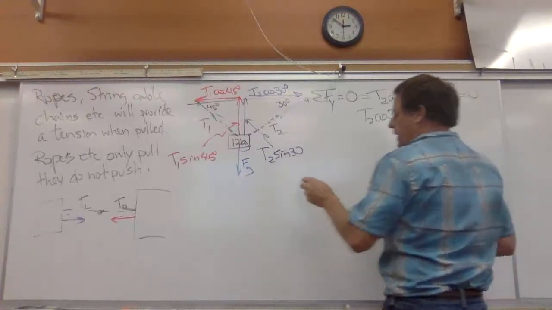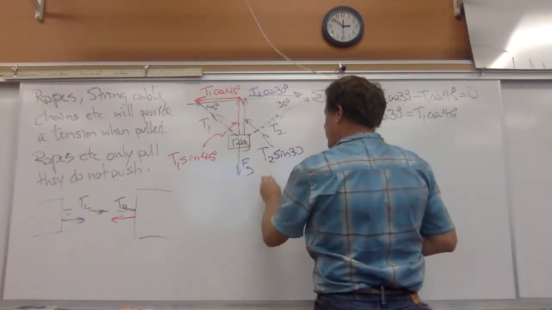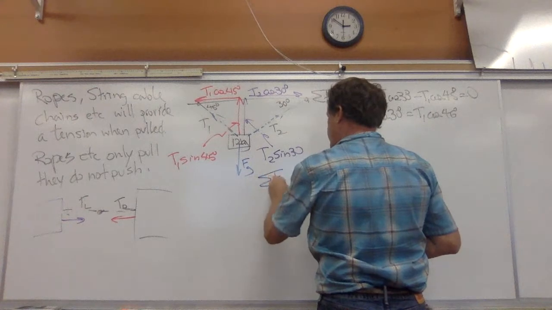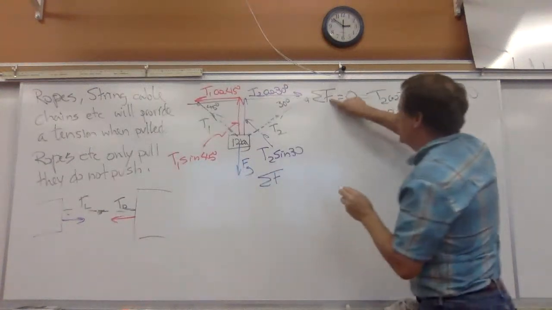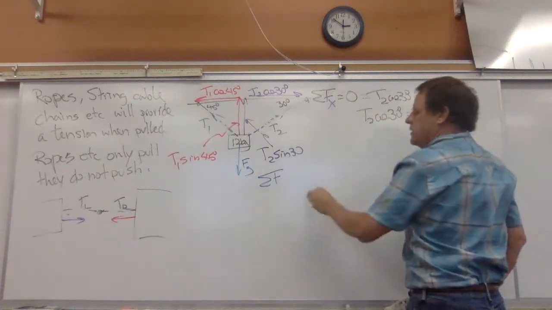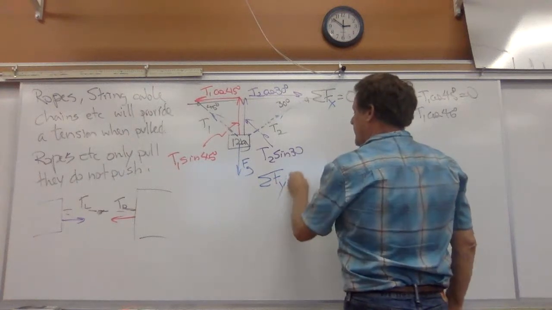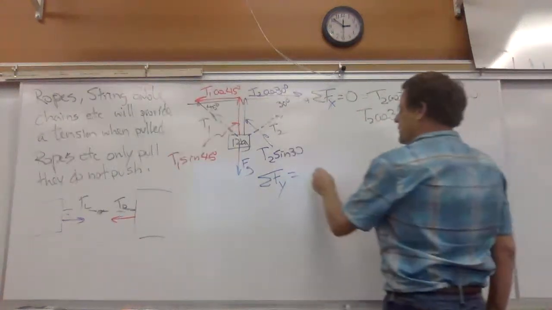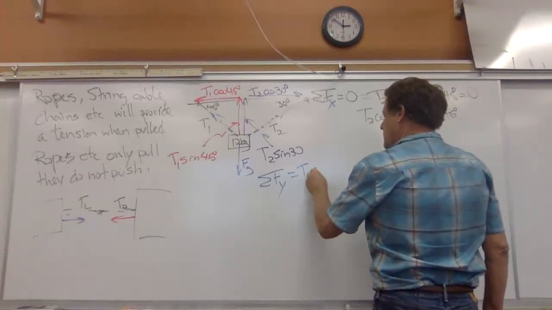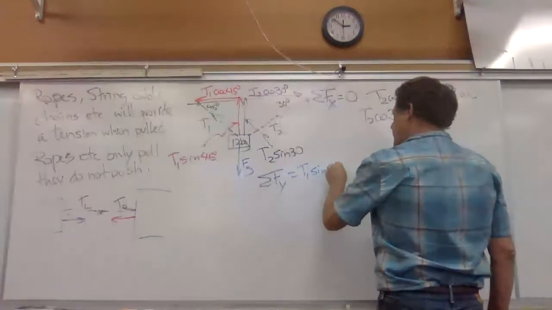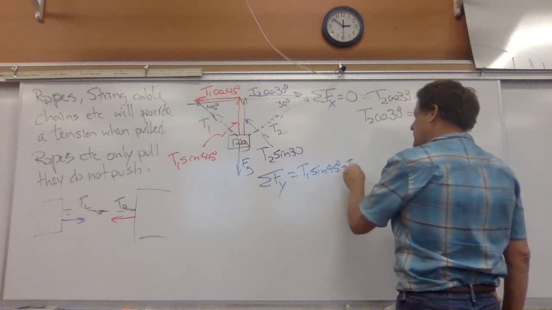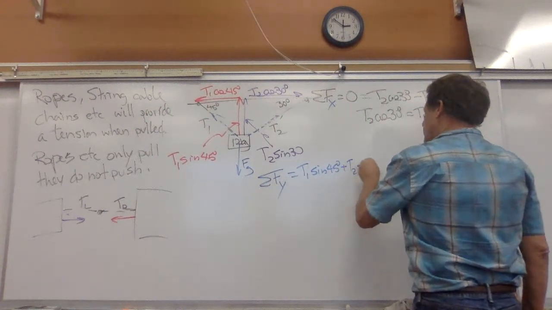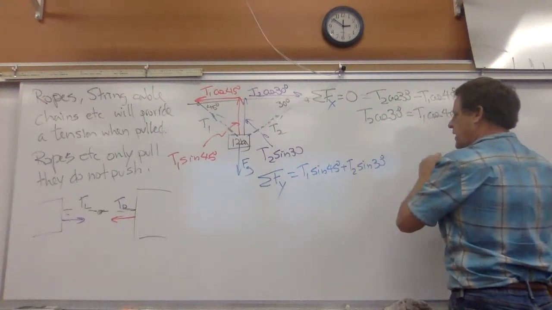And over here, we're going to have the sum of the forces. Sorry, this up here was in the X direction. Now we're going to do the Y direction. So in this case, we're going to have T1 sine 45 going up plus T2 sine 30 going up.